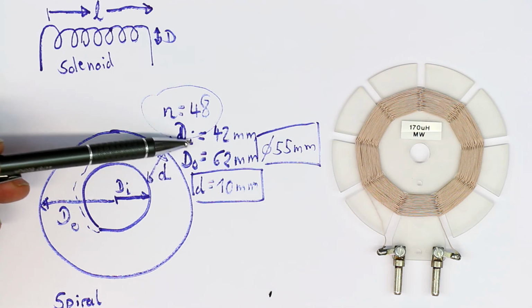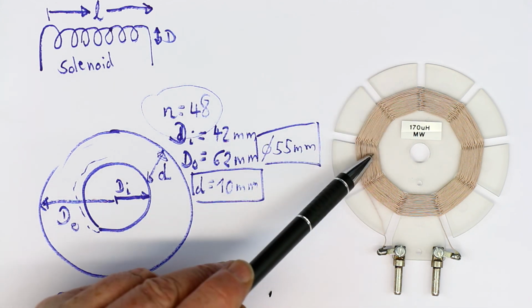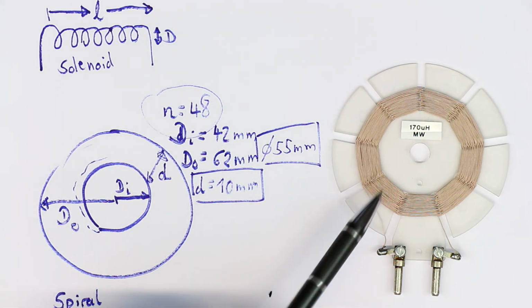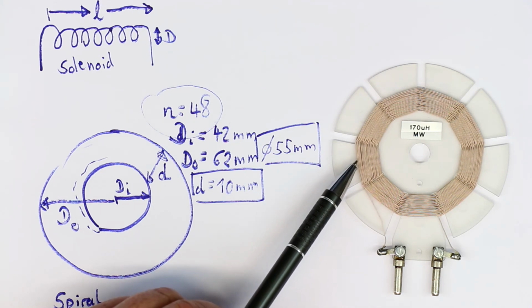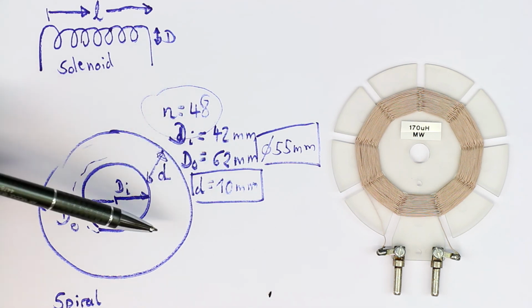We only know the inner diameter, that's just the end of the slots where you start your winding. That is fixed. But the outer diameter, of course, depends on the thickness of your Litz wire and the number of turns.